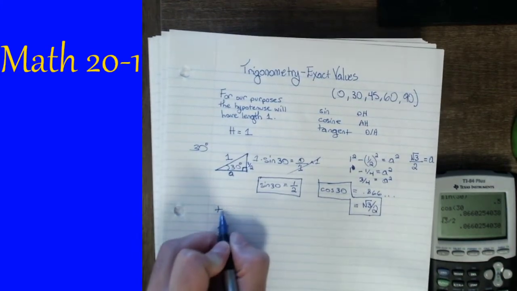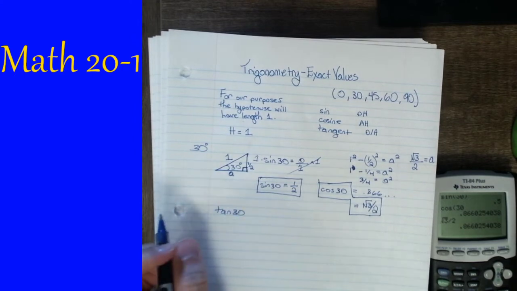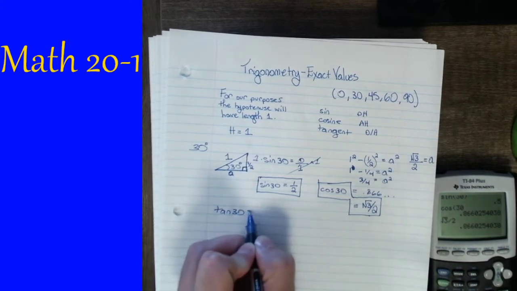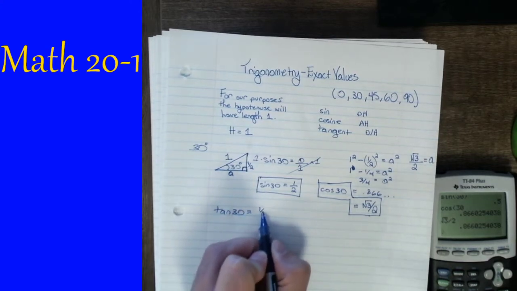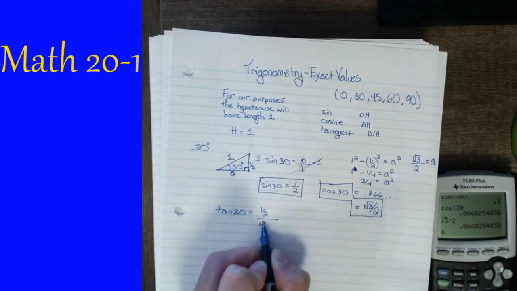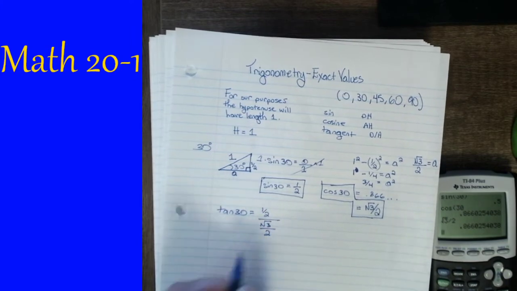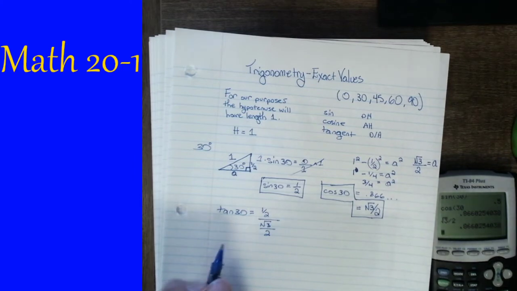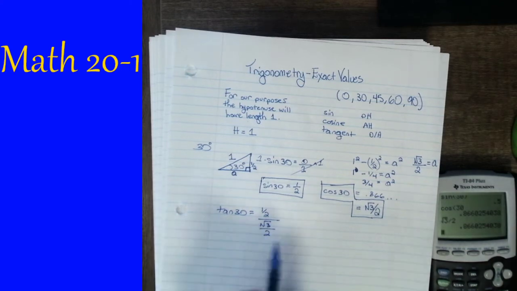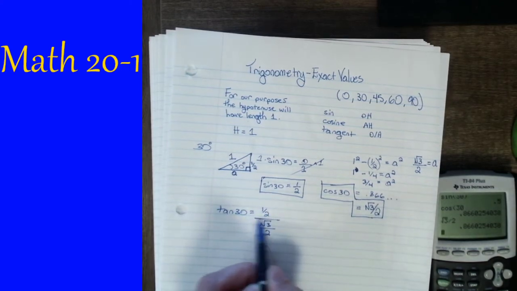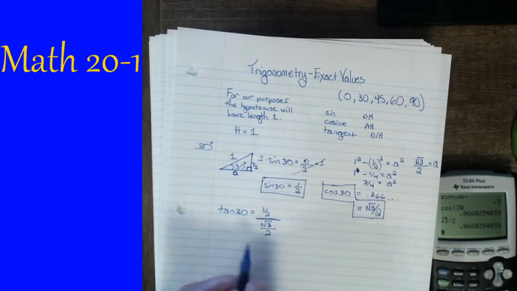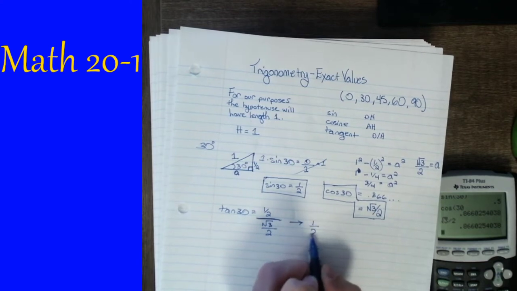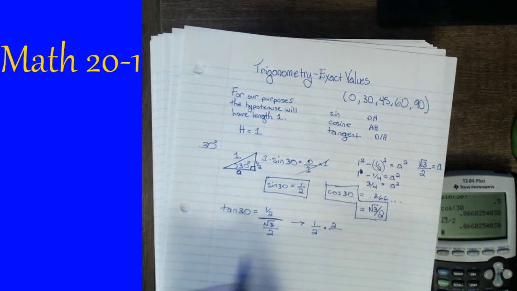Okay, well, what about tangent of 30? Well, that is opposite over adjacent. So we have 1/2 over root 3 over 2. This particular ratio seems kind of complex, but we can remember that if we're dividing by a fraction, all we have to do is rewrite this as multiplying by the flipped version.